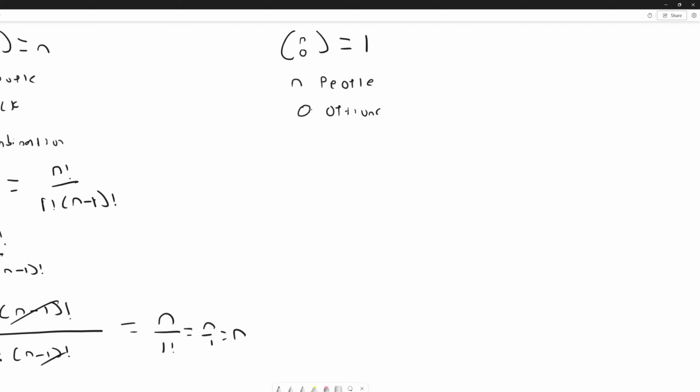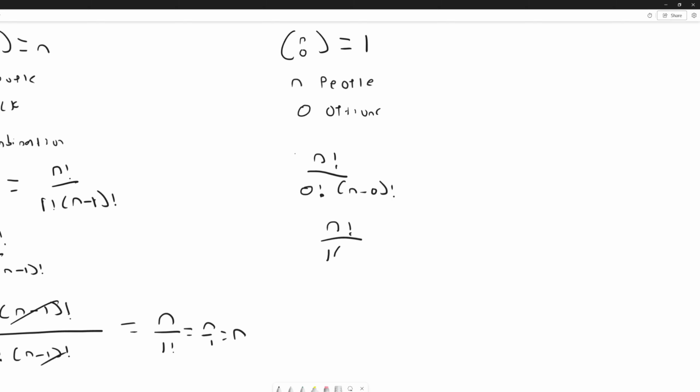And in order to prove it, I'll use the formula again. So n factorial over 0 factorial times n minus 0 factorial. All I've done is just replace it, and you notice how n minus 0 is just going to be n, and 0 factorial is just 1. So 0 factorial equals 1.